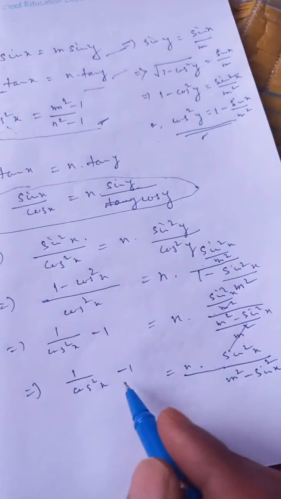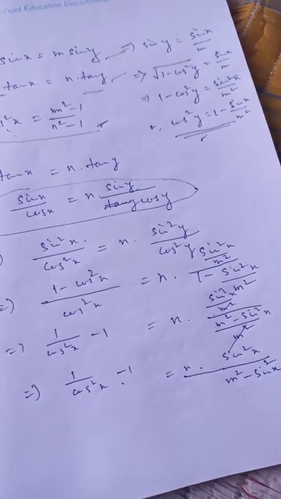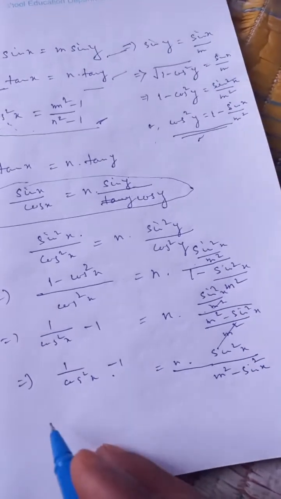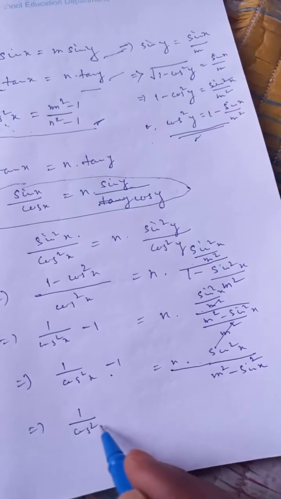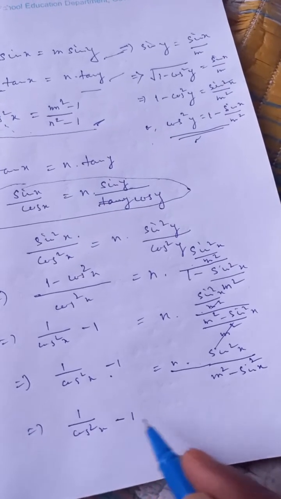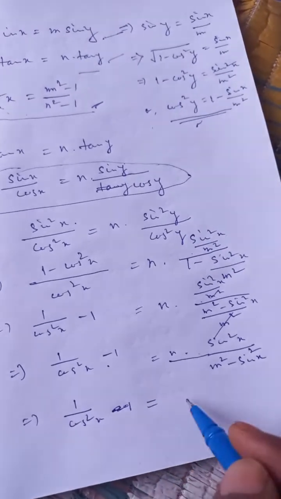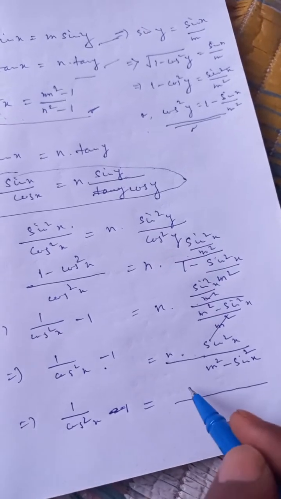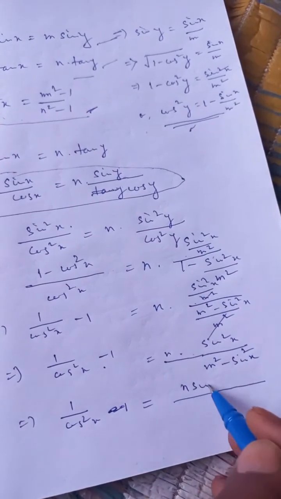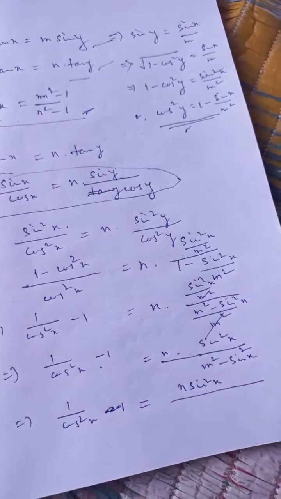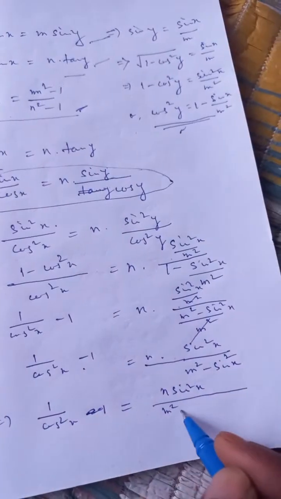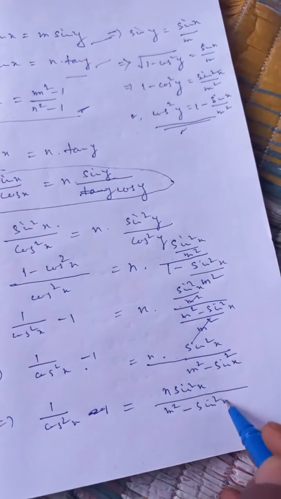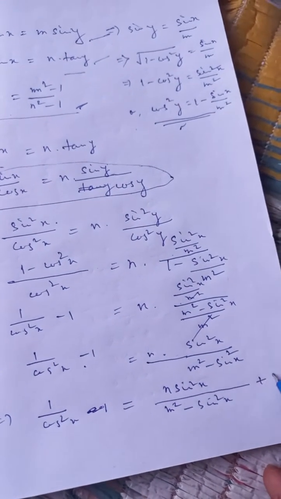Now if we take minus 1 on the right hand side, then it will be 1 minus cos square x minus 1. Minus 1 will keep on the right hand side. This will be n sin square x by m square minus sin square x plus 1.